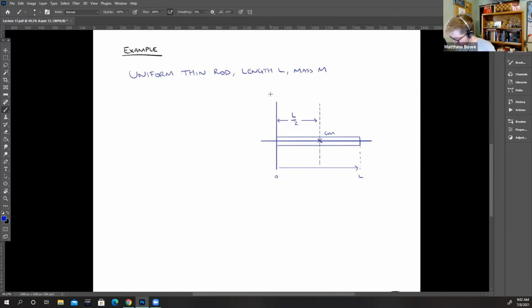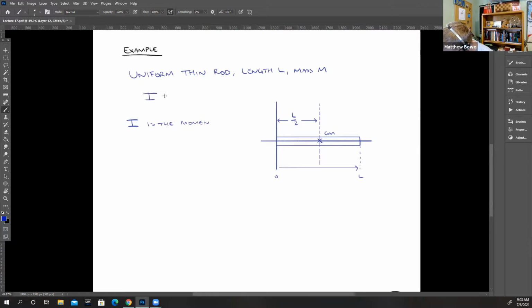Well, we found the moment of inertia when it was spinning around this axis before, right? So we found that value. In this case, I is the moment of inertia. Let me rewrite the parallel axis theorem so you can see what I'm talking about.